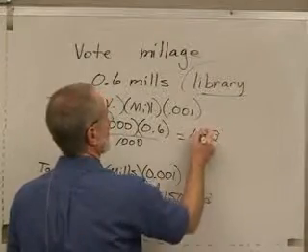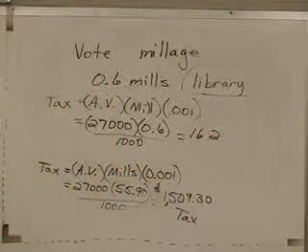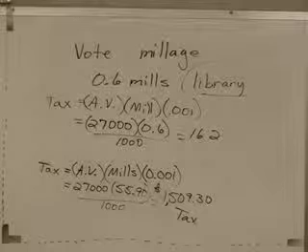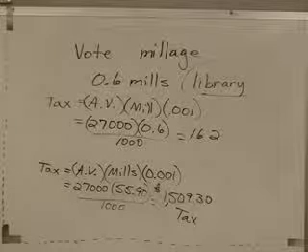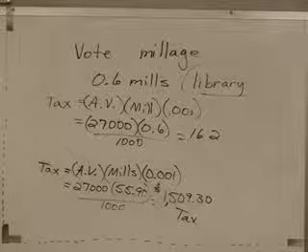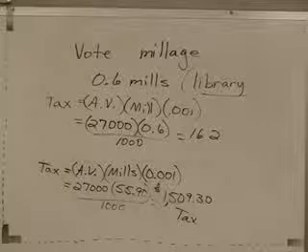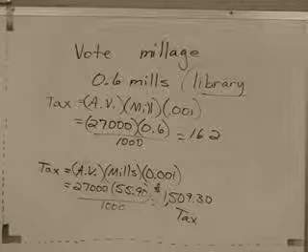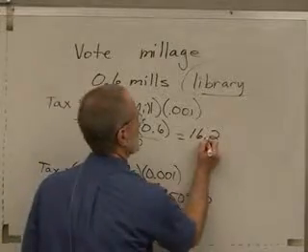And what do we get? Where's the decimal point go? 16.2? Does that sound right? That sounds right to me.